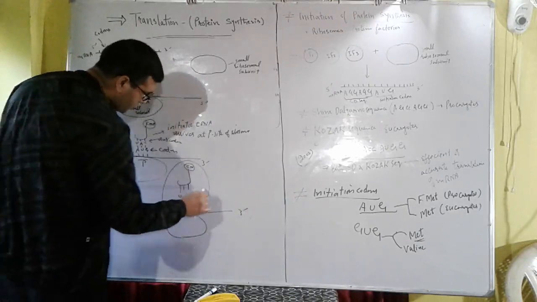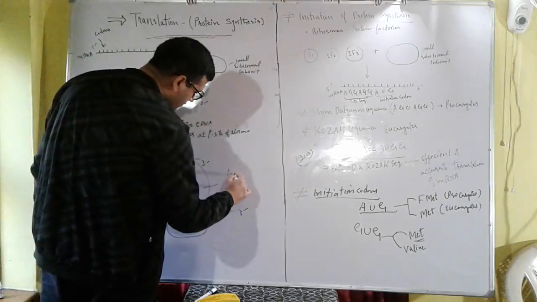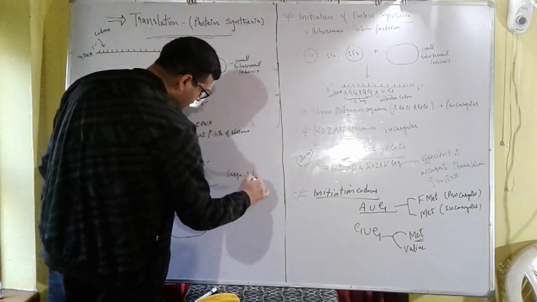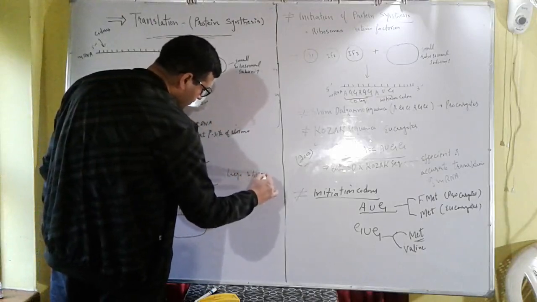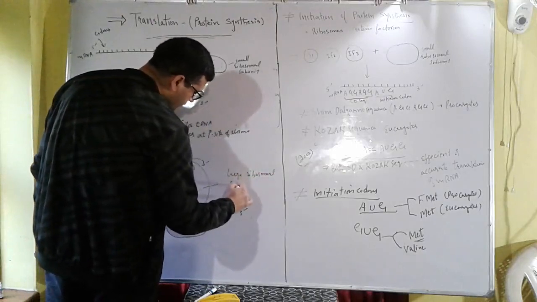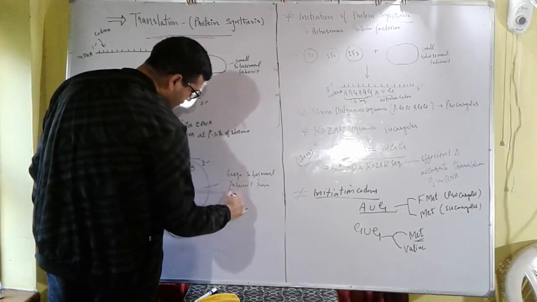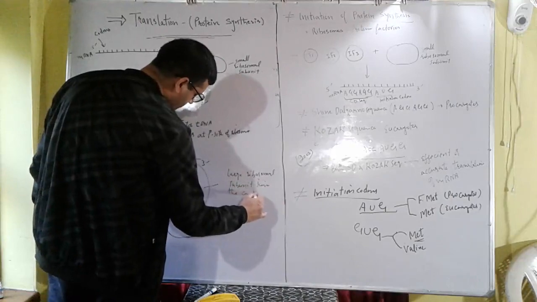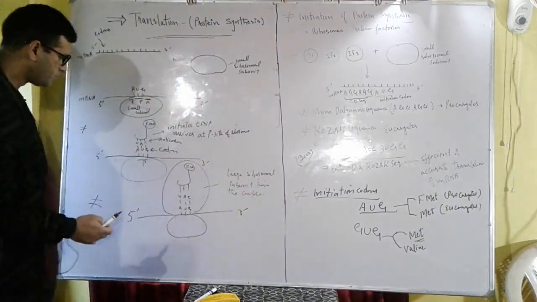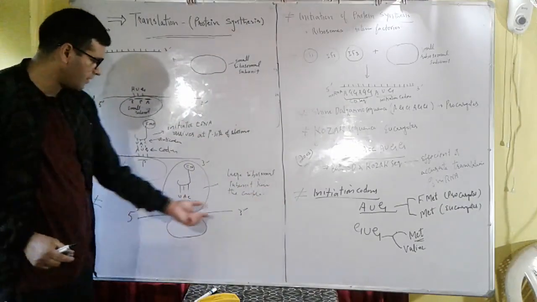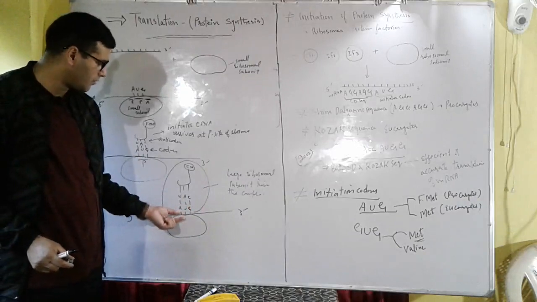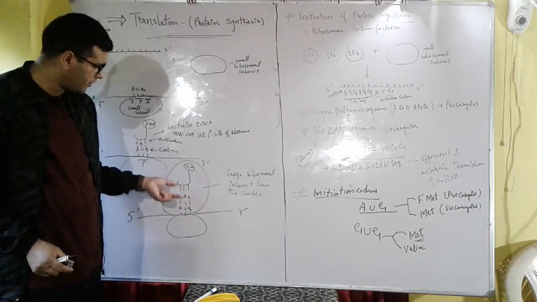This is the large ribosomal subunit joining the complex. This is messenger RNA. This is the initiation codon of messenger RNA. This is tRNA.